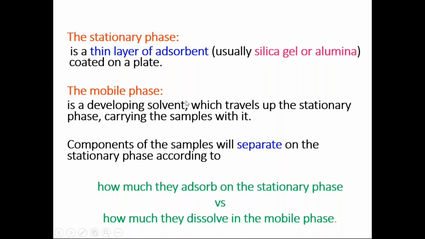The mobile phase is the developing solvent which passes up the stationary phase by capillary action, carrying the samples, and the components will separate based on how much they adsorb on the stationary phase versus how much they dissolve in the mobile phase. So if the affinity for the stationary phase is higher, it takes longer to separate. If the affinity to the mobile phase is greater, they move very fast in the thin layer.